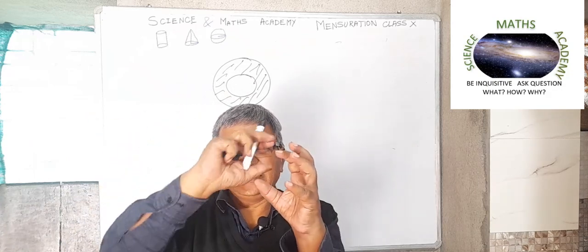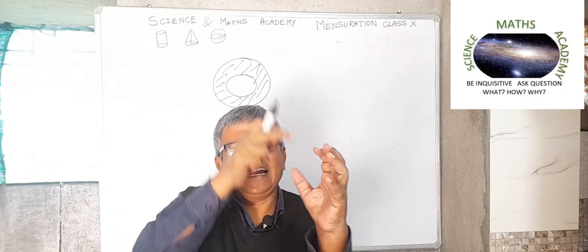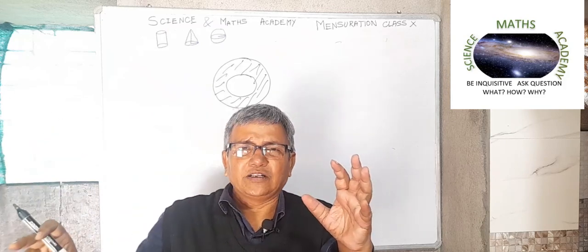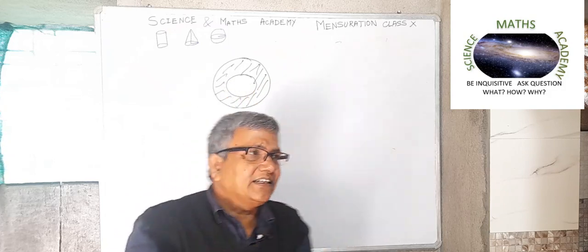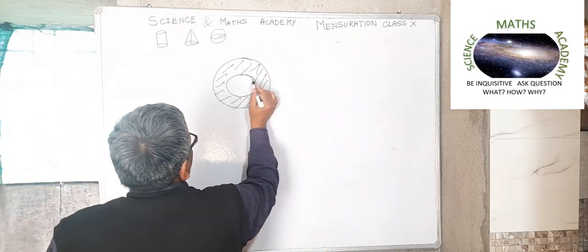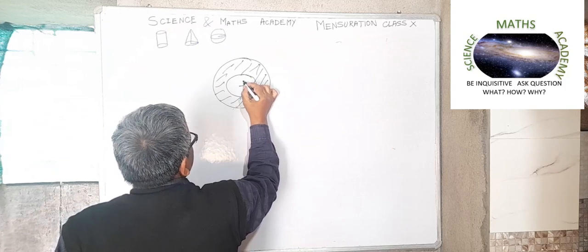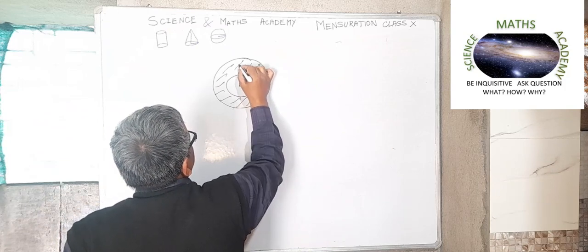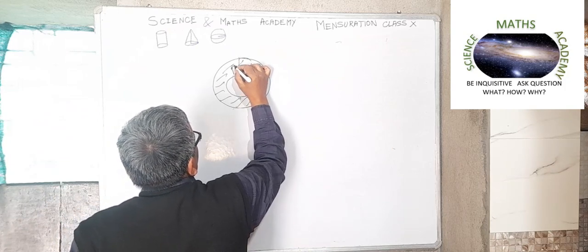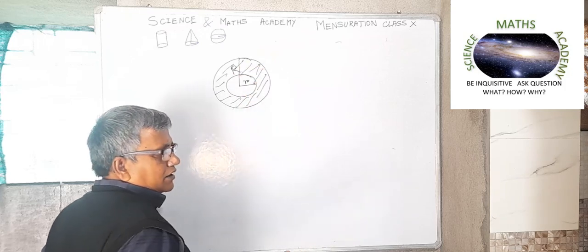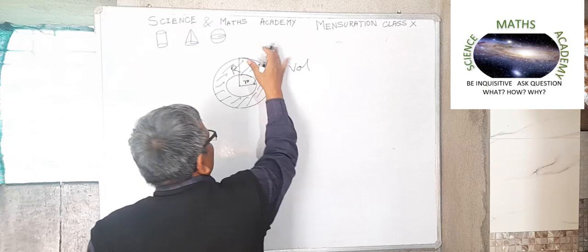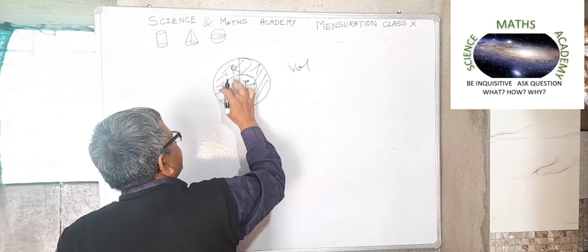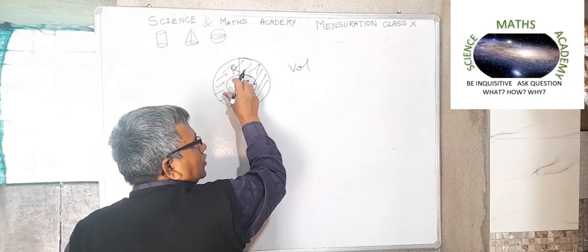Or peeling an orange, a mosambi, take out the inside, then the outer part is this one. Now I can take, this is small r, this is capital R. Sir, total volume will be, you told me, total volume minus inside volume. This is hollow.